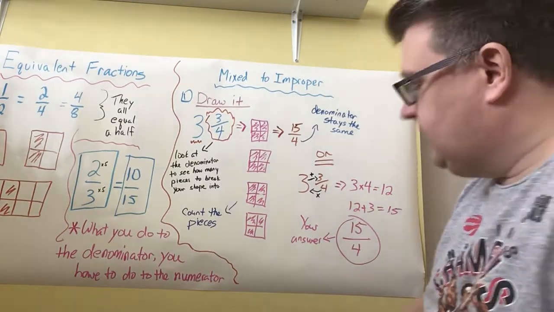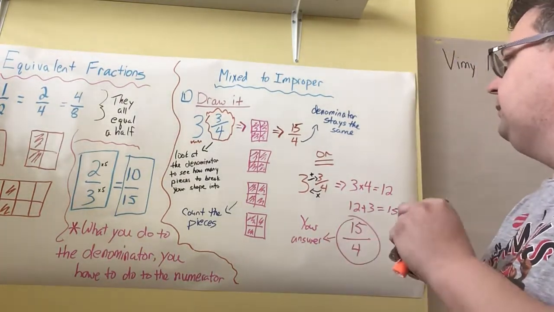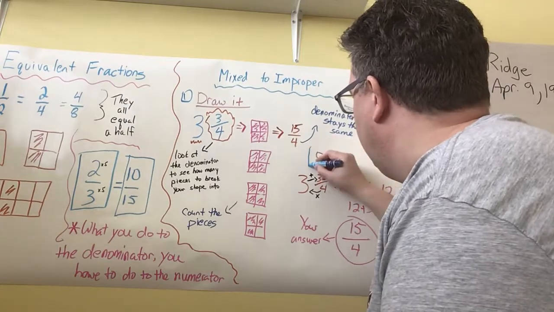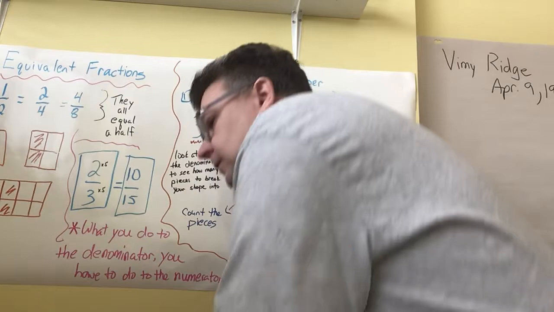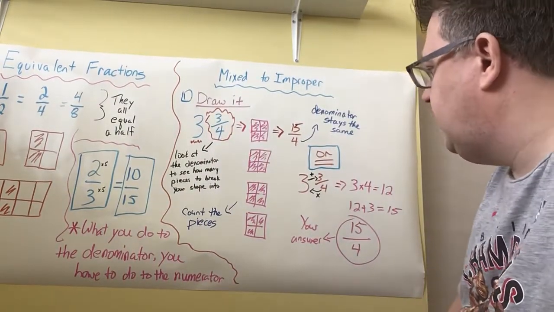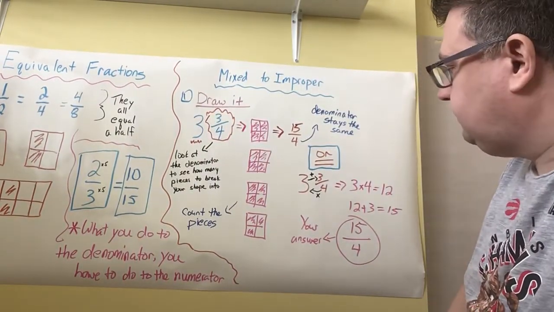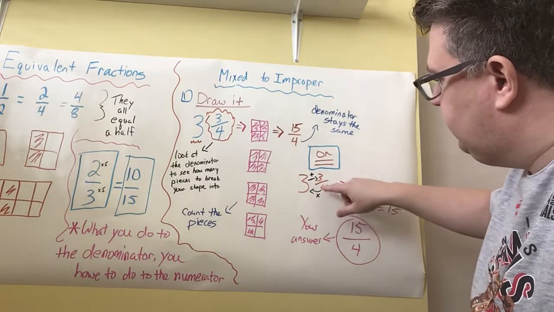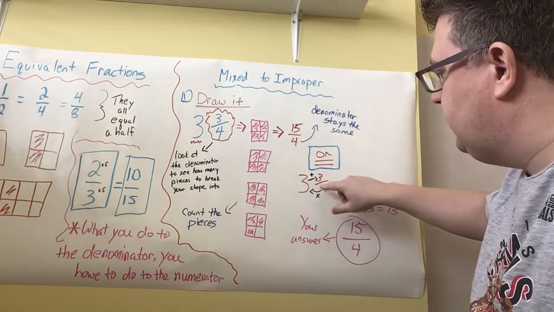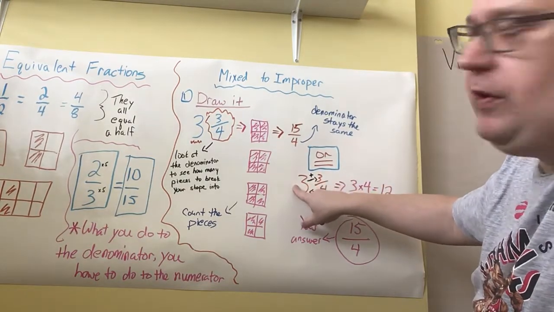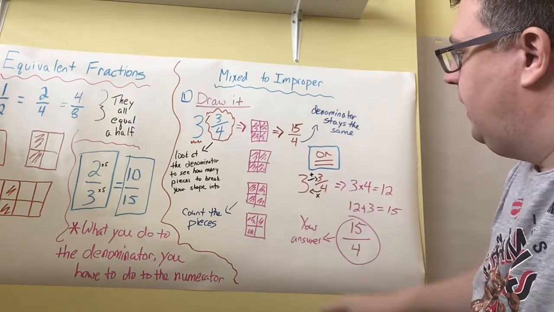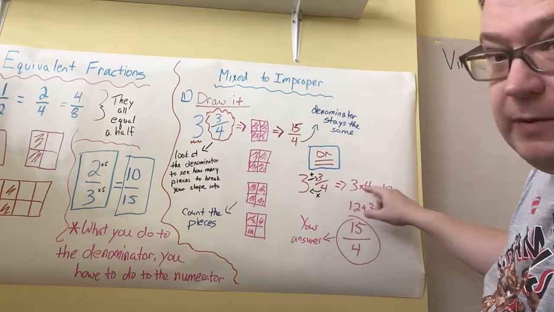All right. This second way is quicker, but you've got to pay close attention to how you're doing it. So the first step, I would take my denominator and I'm going to multiply it by the whole number. And that's 3 times 4.